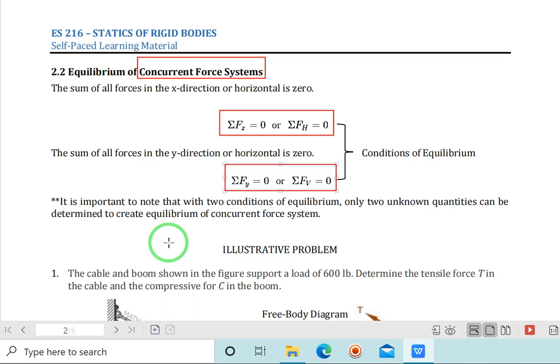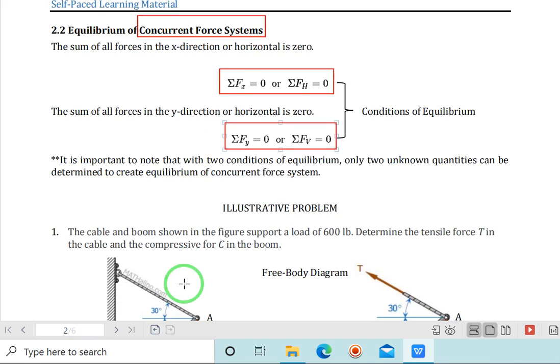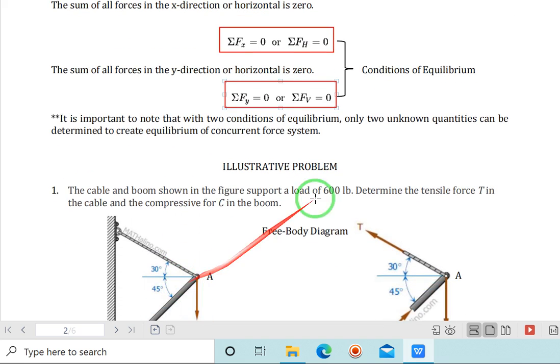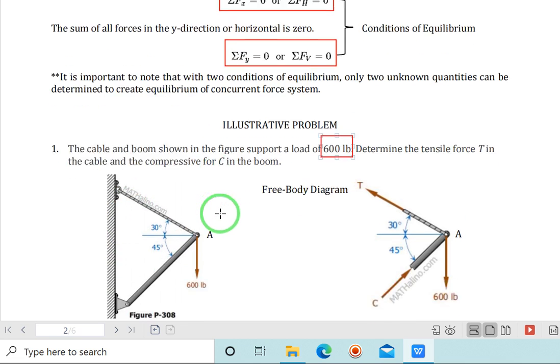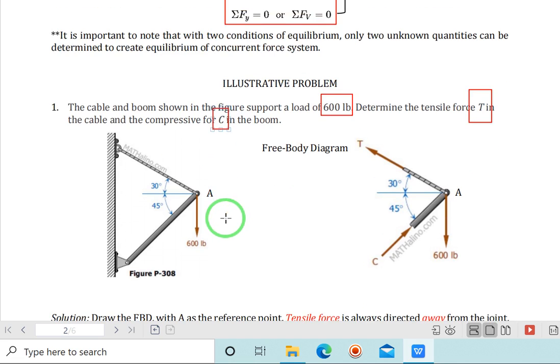Now let us try to solve this problem. The cable and boom shown in the figure support a load of, I mean, 600 pounds. Determine the tensile force T in the cable and the compressive force C in the boom.